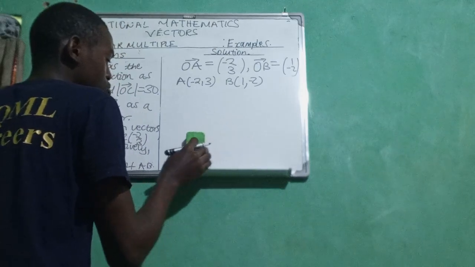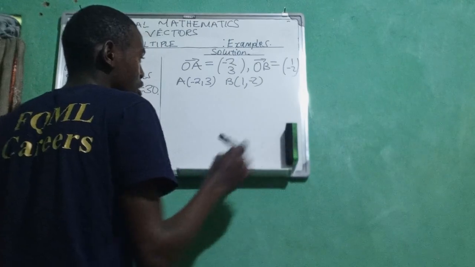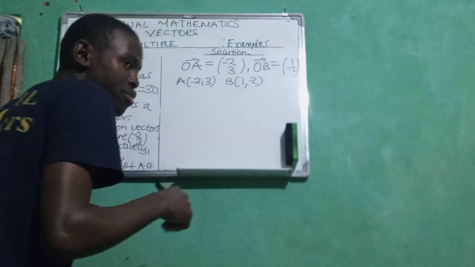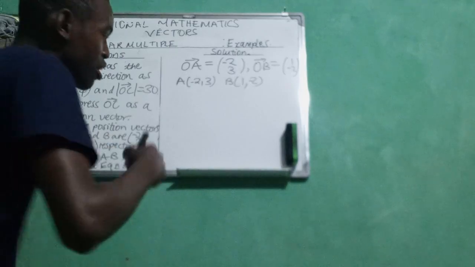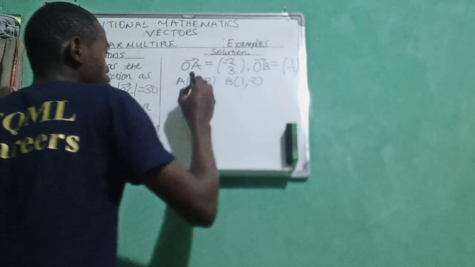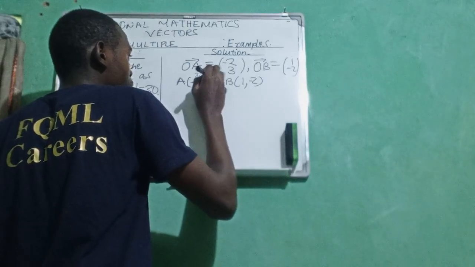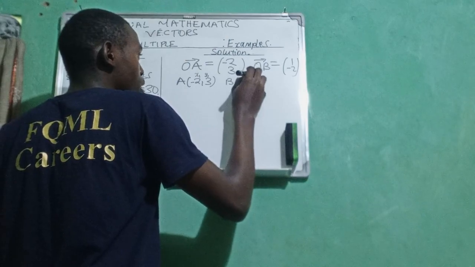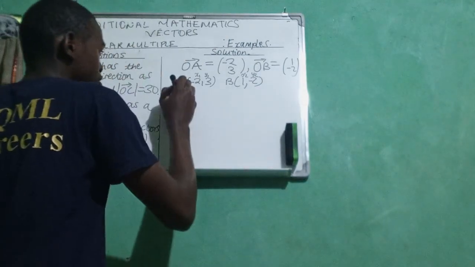Then you can choose which of the coordinates you want to be your x1, y1 and your x2, y2. So this will be my x1, y1, x2, y2, and then we'll write it like this.